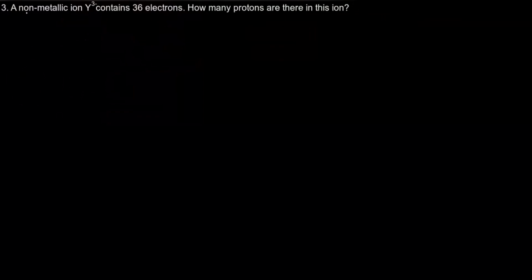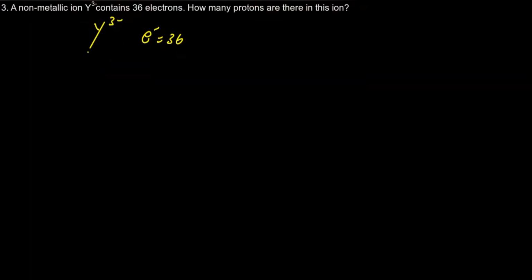Next question. A non-metallic ion, Y3 minus, contains 36 electrons. How many protons are there in this ion? See what we have. Y3 minus, and we're told that the number of electrons here is 36.